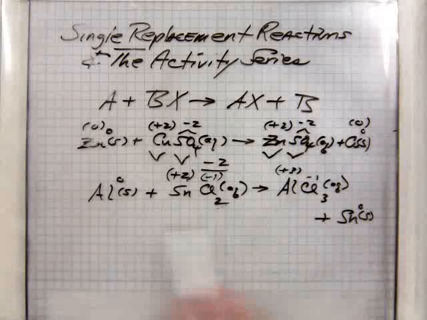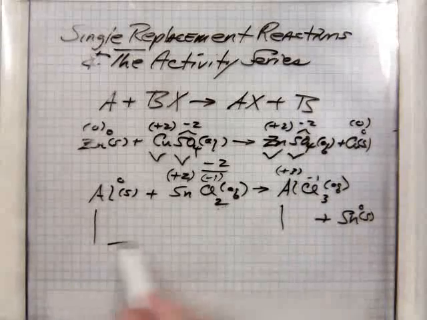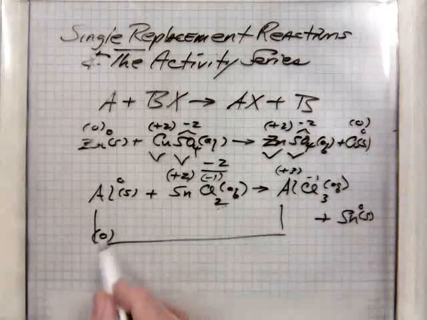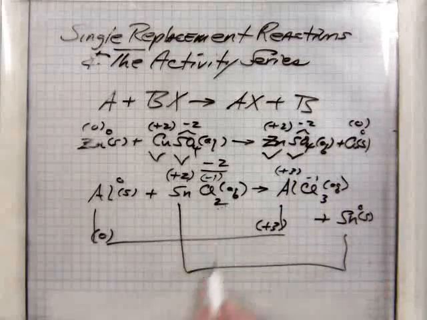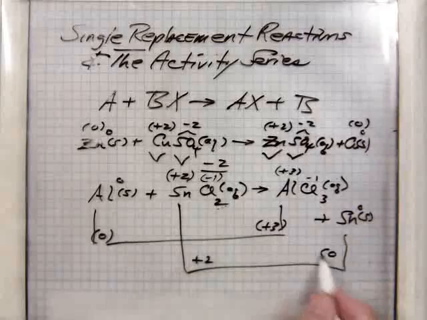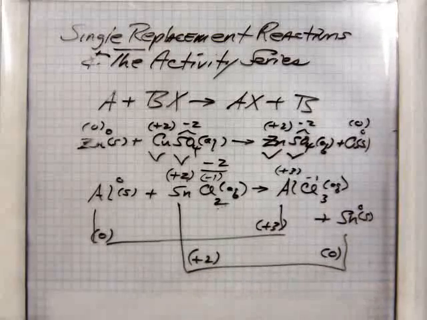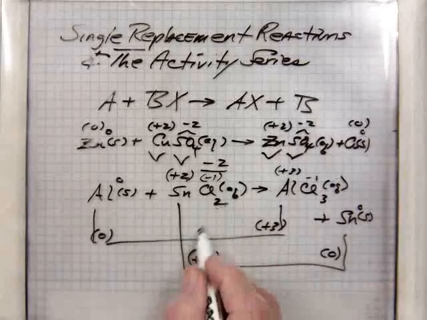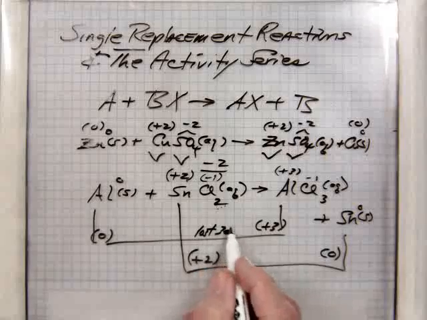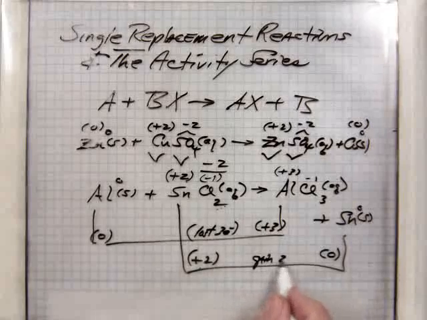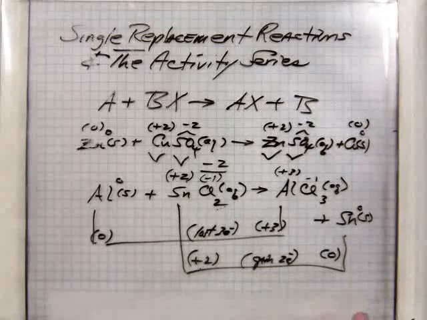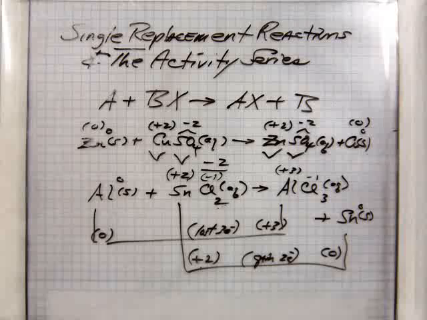So when you look at these, aluminum goes from 0 to +3, and tin goes from +2 to 0. What's happening in here? 0 to +3 is losing 3 electrons, and +2 to 0 is gaining 2 electrons. You need to be aware of that to apply the ideas we've already talked about in oxidation reduction.